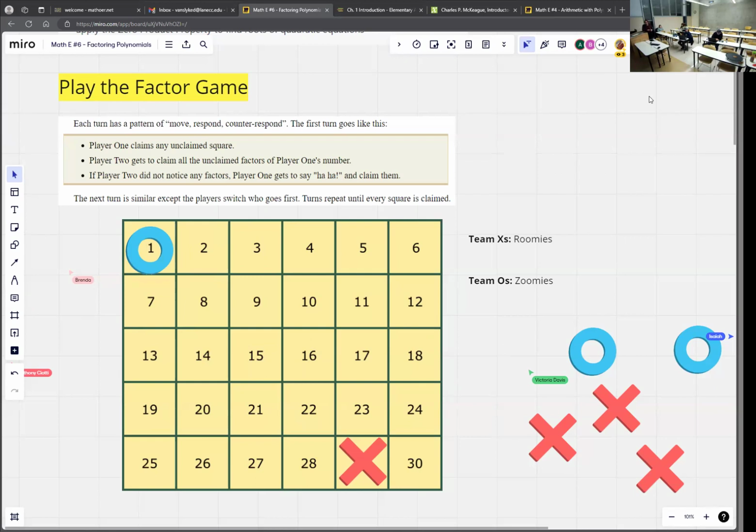Okay, so that was X's starting and O's replying. Now O's, talk among yourselves. But again, remember, we can hear you. So unmute or type in chat and agree on a good number to claim anywhere on the board that's open. In chat, Vincent says 17.